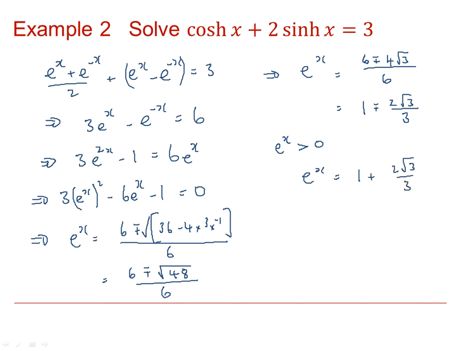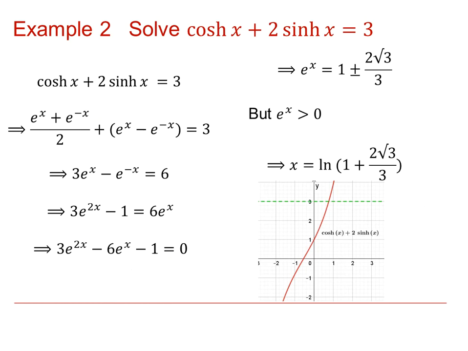And therefore x is equal to the natural logarithm of that, 1 plus 2 root 3 over 3. And there's the solution neatly written out. And we can see the graph there for the value to be equal to 3, there's only one solution.